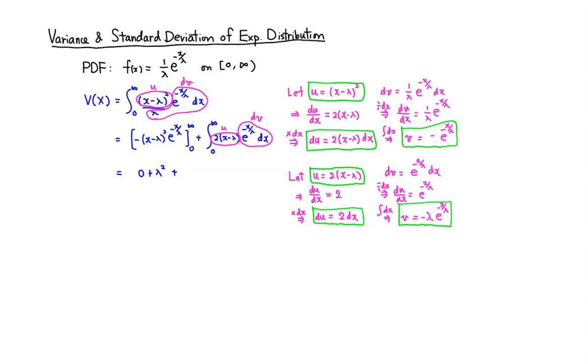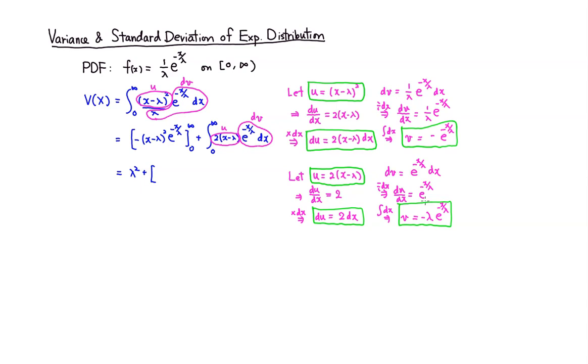So uv, maybe I have to give a little bit more room here. I'm going to clean this up as lambda squared, because we have that already. So lambda squared, plus, you have uv.